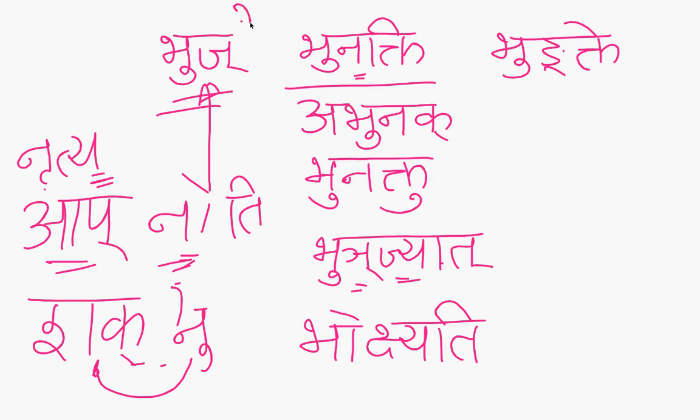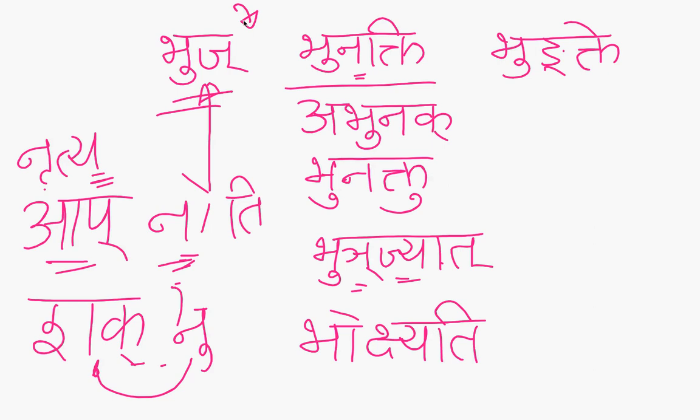But in the rudhadi gana, this is a special thing. The vikarana pratyaya inserts itself between the two letters of the dhatu. So that is the speciality of this rudhadi gana. But anyway, the vikarana pratyaya is applicable in the rudhadi gana just like any other gana for the four lakaras.